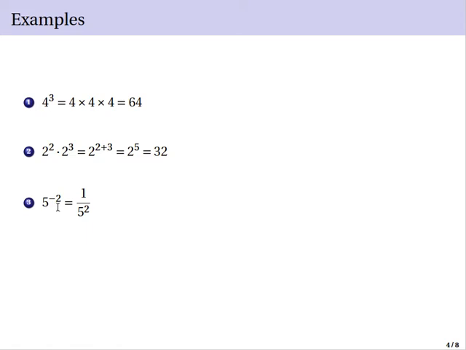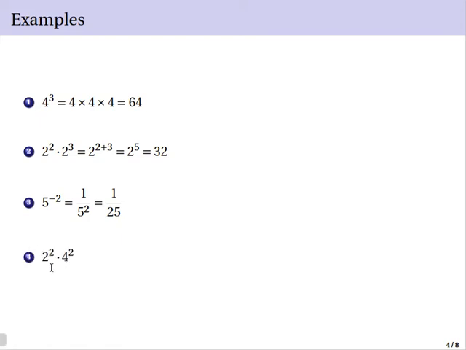So 5 raised to negative 2 is equal to 1 over 5 raised to the 2. And we know 5 raised to 2 is 5 times 5, which gives 25. So 5 raised to negative 2 is equal to 1 over 25.